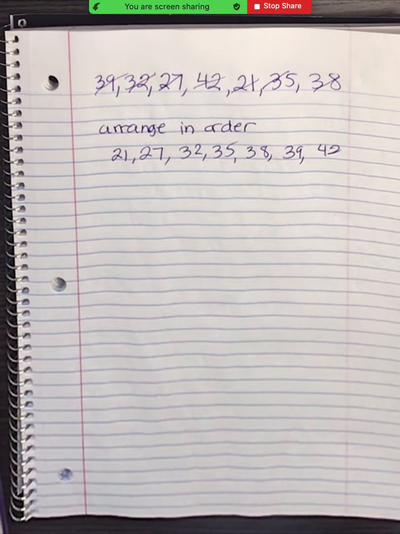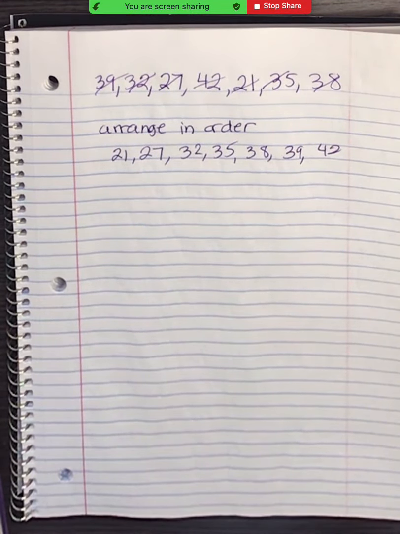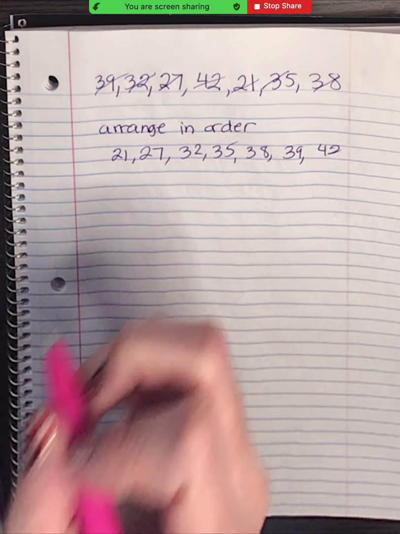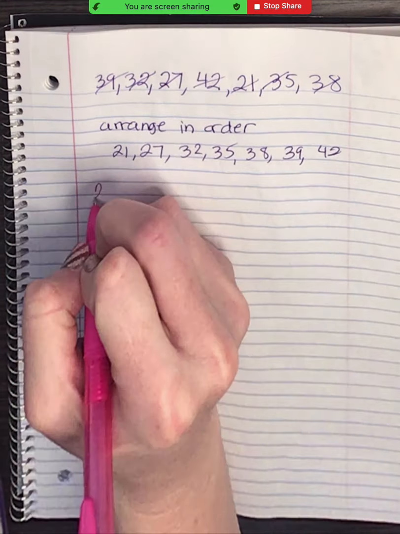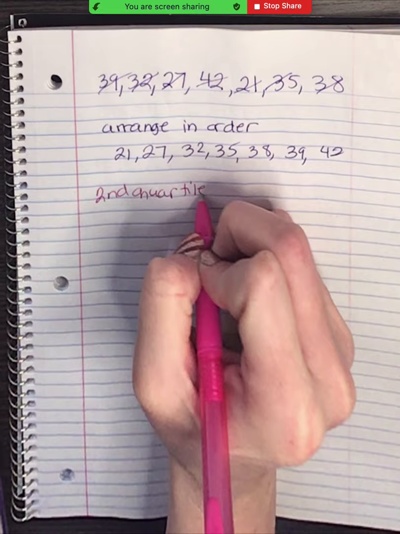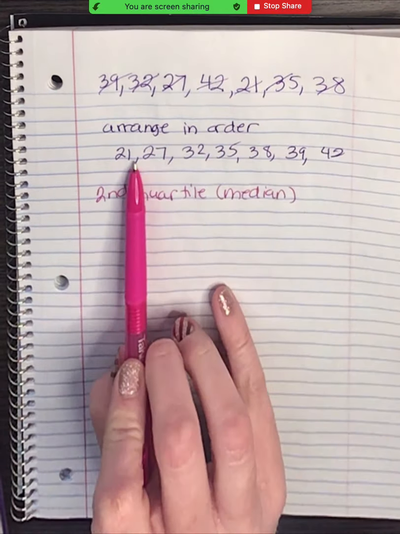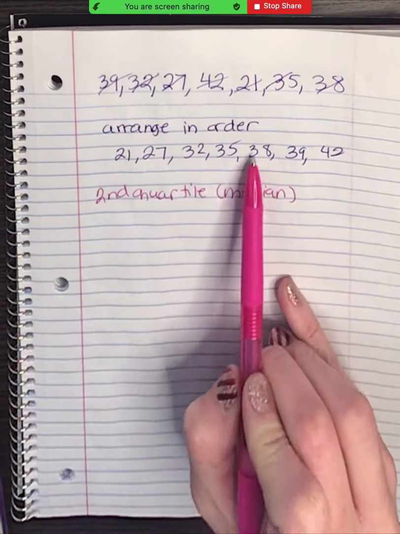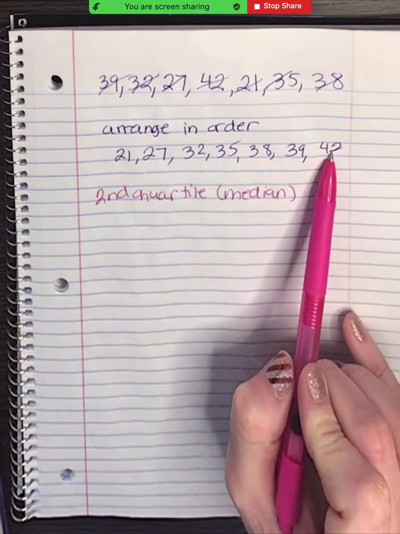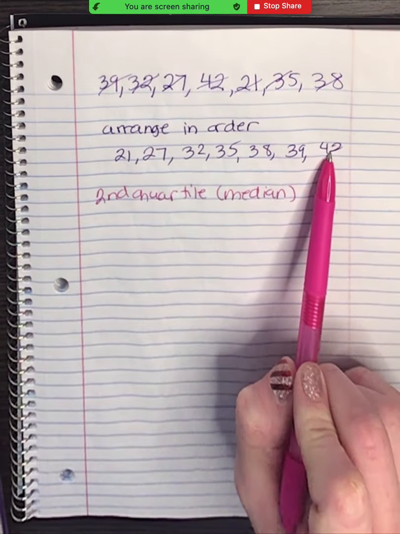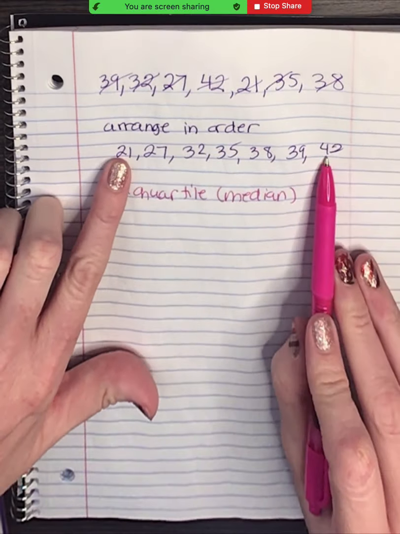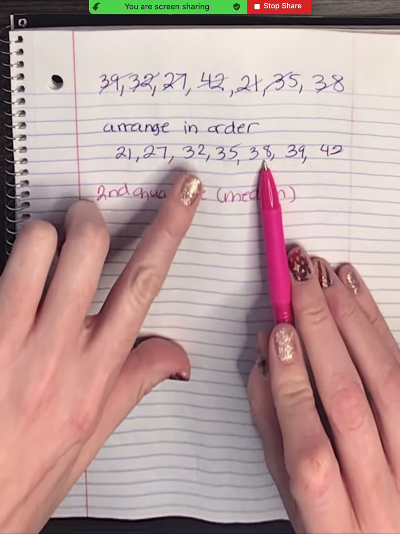Then you're going to find the second quartile. So that's the median, the middle number, okay? So in your list, you have 1, 2, 3, 4, 5, 6, 7 numbers. So that means you're going to have 3 above and 3 below. So there's 1, 2, 3.